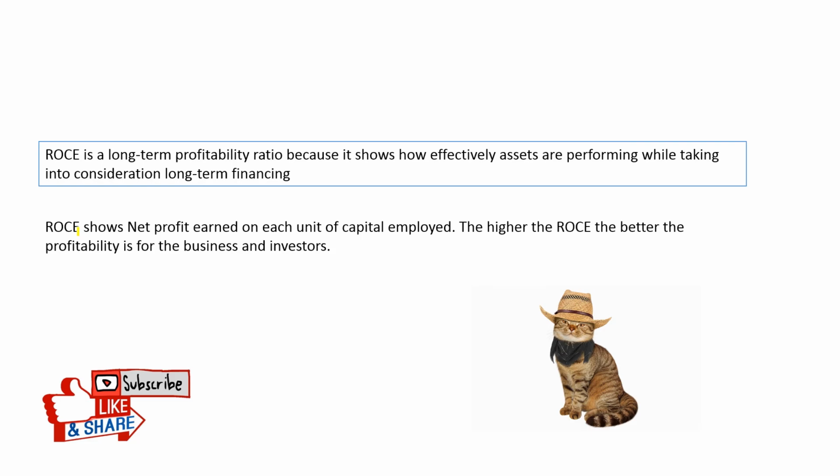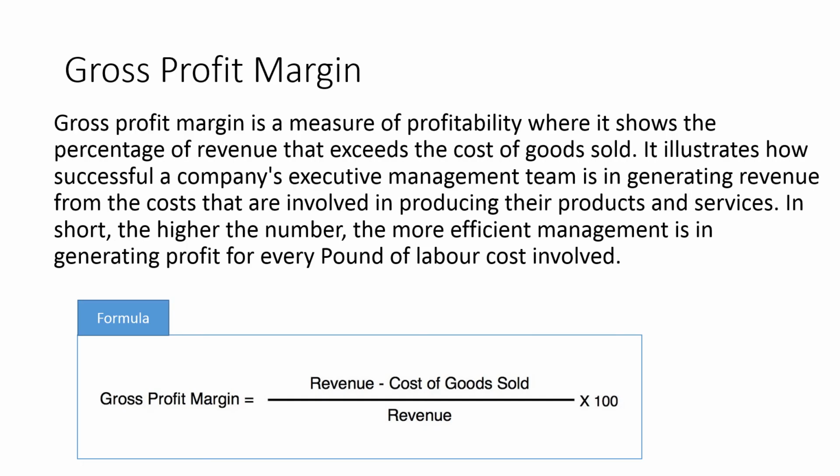It shows net profit earned on each unit of capital employed. The higher the return on capital employed, the better the profitability for the business and investors. Capital is money, you know that.